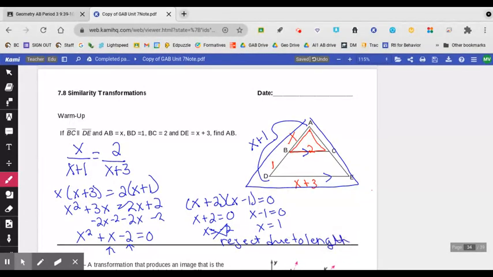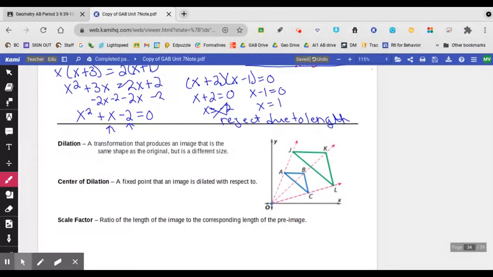So now what our new day is about is similarity transformations. Remember when we talked about congruence, we said that a reflection, a rotation, and a translation were congruence transformations. So we have a similarity transformation, which is a dilation. It's a transformation that produces an image that is the same shape as the original, but a different size.